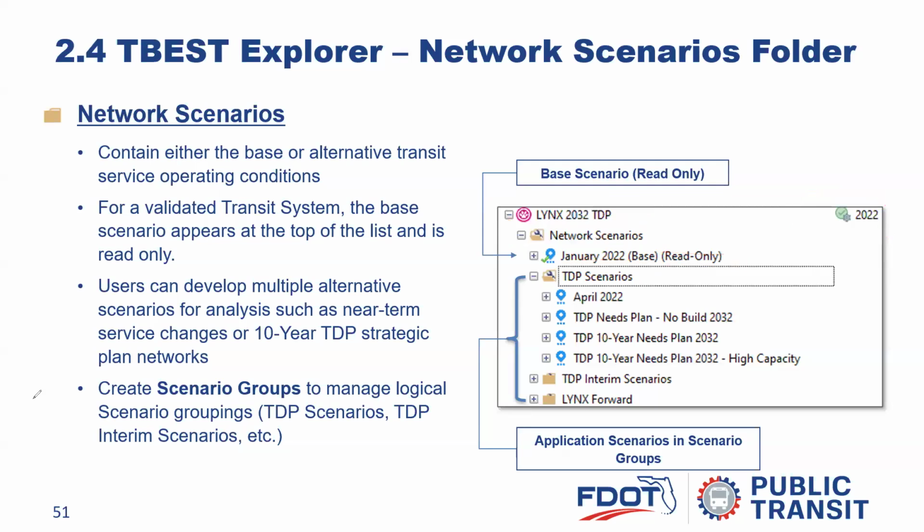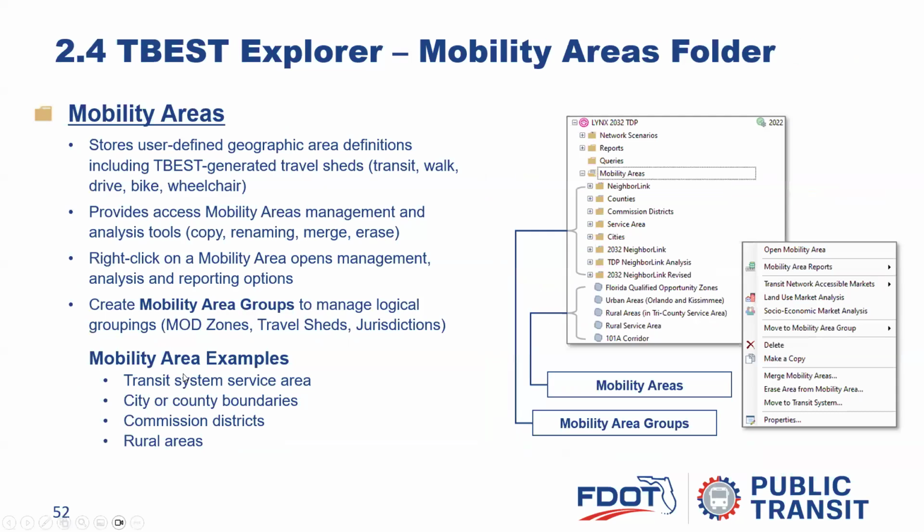All right, so mobility areas. Again, underneath of our links 2032 TDP, and I'll bring out the drawing again. We're at our links 2032 TDP in our 2022 validation, and we have our mobility areas folder.